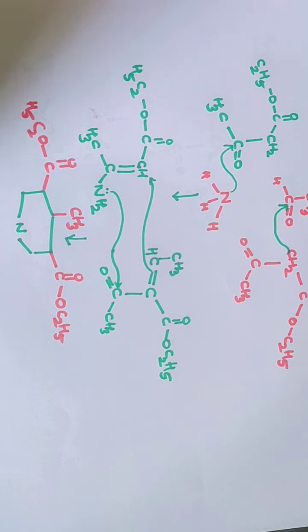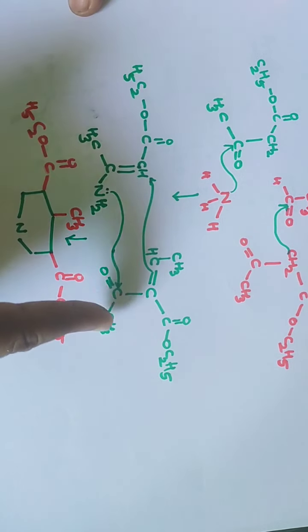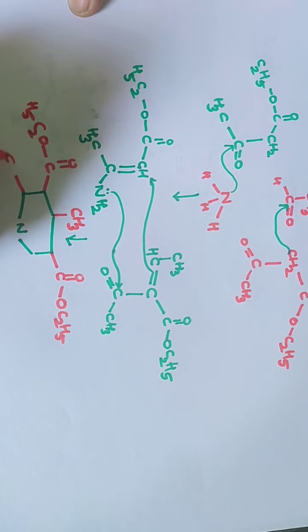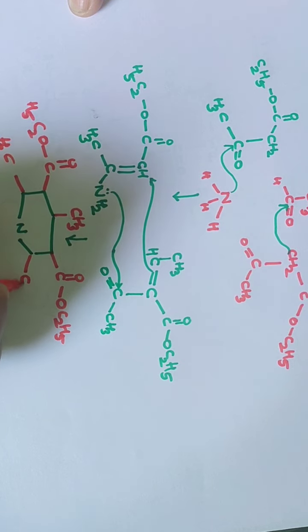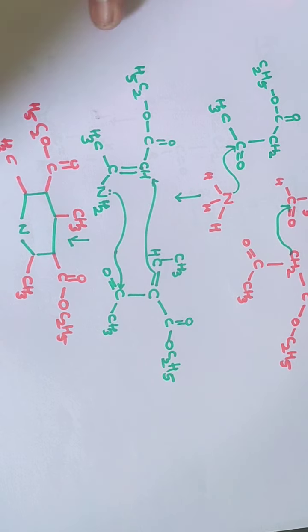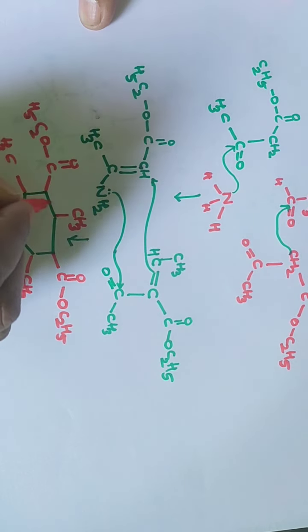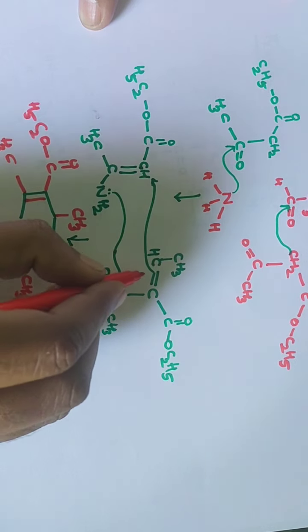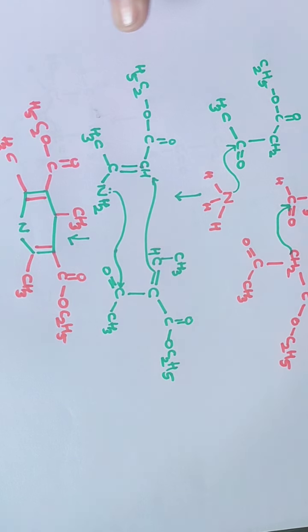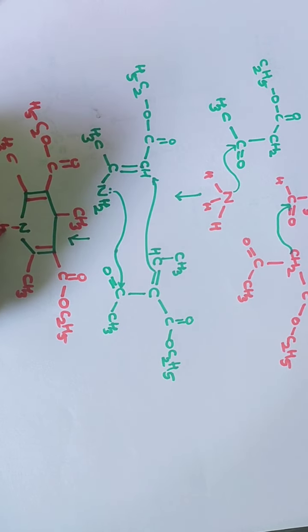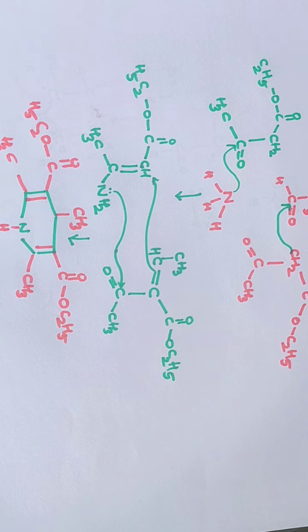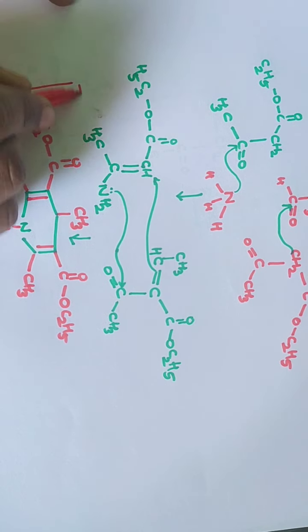And these two methyl groups here, CH3, CH3, and the two double bonds here. This double bond here, and with this shift, a double bond is formed here. This is what I am going to get. So this is the dihydropyridine derivative that you are going to get. Okay, so you need to remember this.